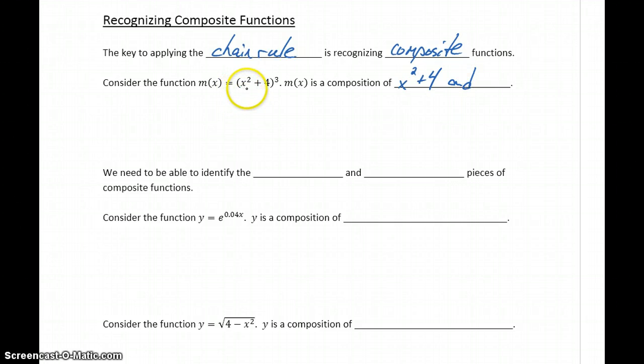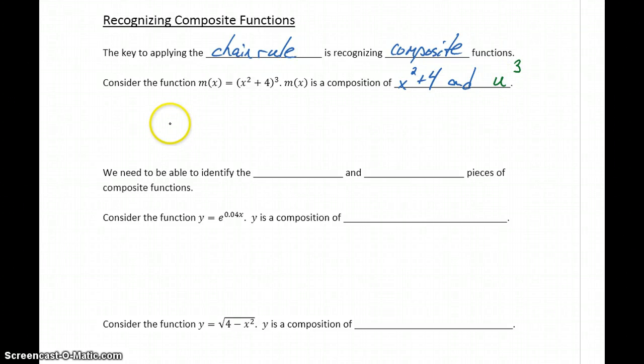If we looked at it, x squared plus 4 here is that interior function inside those parentheses. If we replaced x squared plus 4, or kind of ignored all of that stuff inside the parentheses, we've got something that looks like u to the third power. So this function is a composition of x squared plus 4 and u cubed.